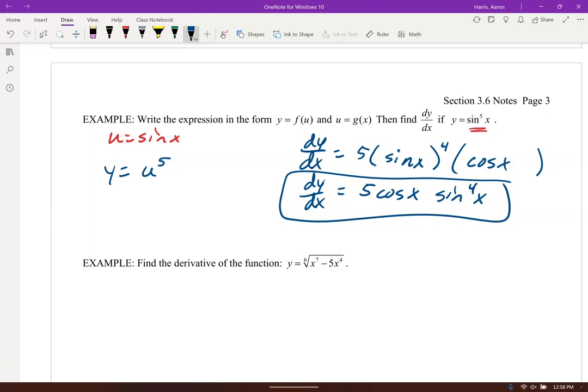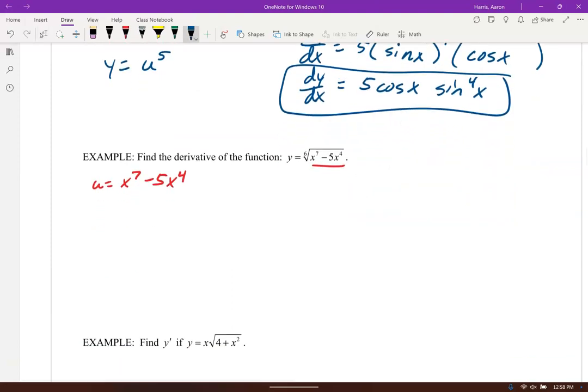Let's do that next one. Let's let u be the inside again, so that u would be x to the 7th minus 5x to the 4th. So y would be the 6th root of that. In other words, u to the 1/6 is the same thing, right? I want to be able to use the power rule here. So when I take the derivative dy dx, I'd have 1/6 u to the 1/6 minus 1. Well, that would be negative 5/6.